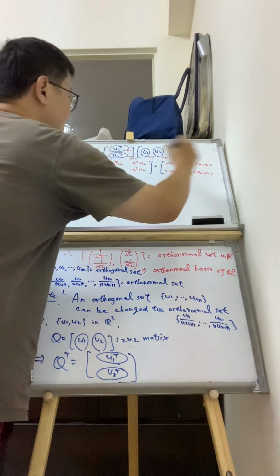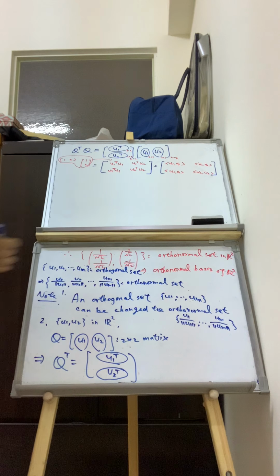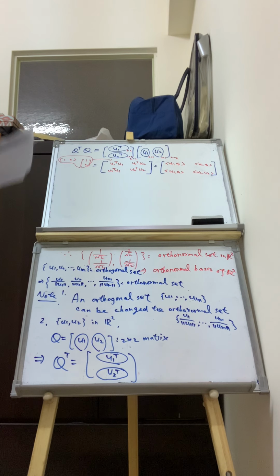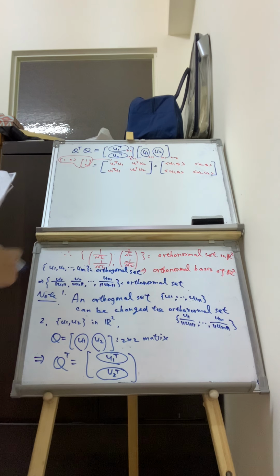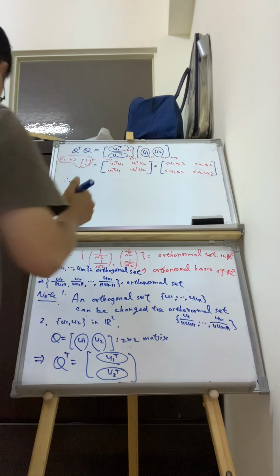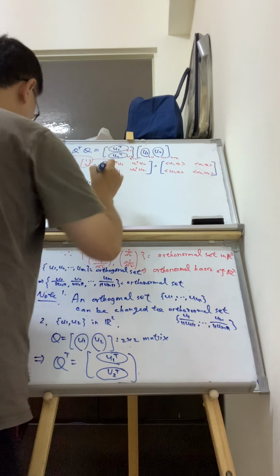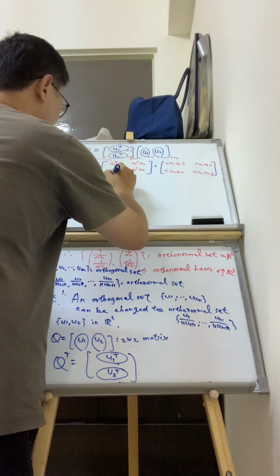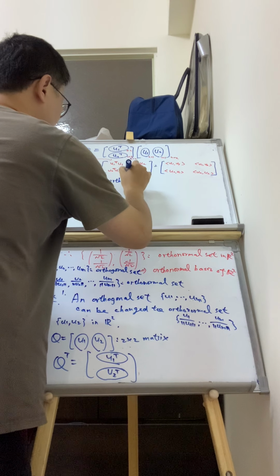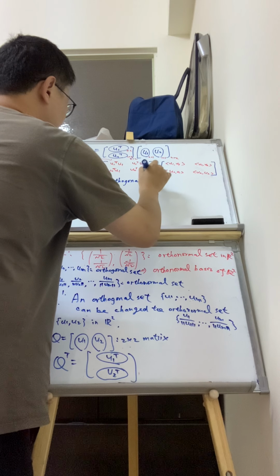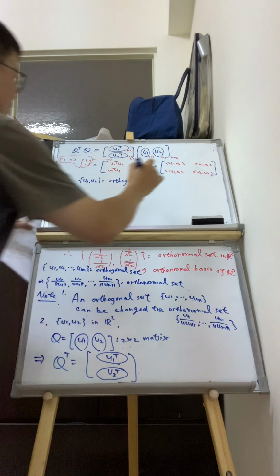Q transpose Q is exactly the matrix. Okay, so if we say these two vectors U1, U2 are orthogonal, what does it mean?